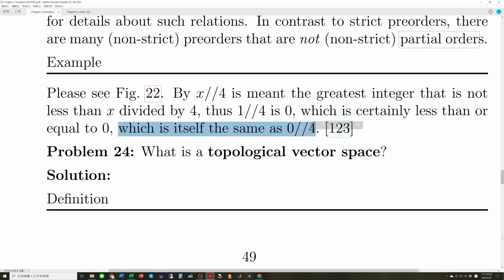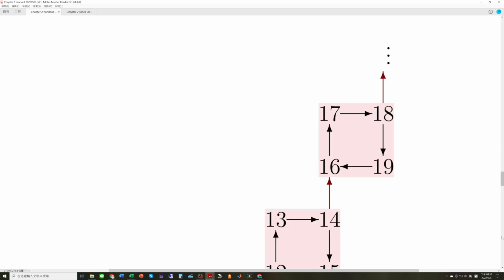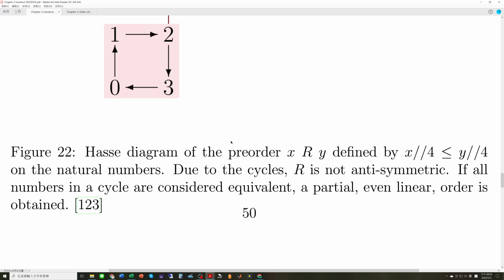Okay, so back to this figure. We know that 0, 1, 2, 3 are equal to each other, because 0, 1, 2, 3 double slash 4 are all equal to 0.